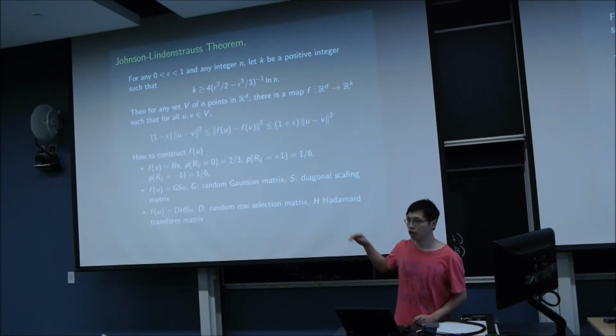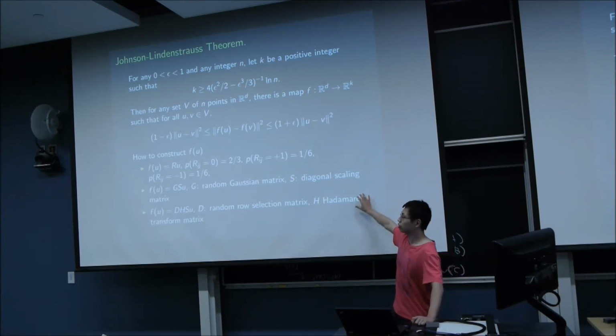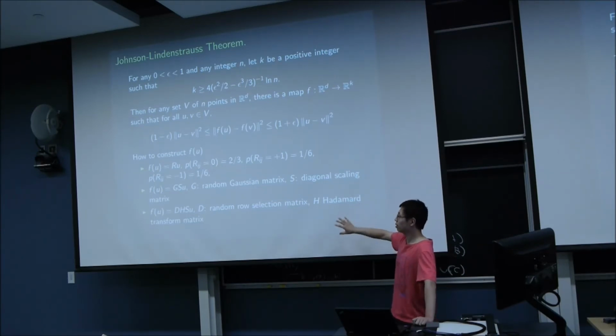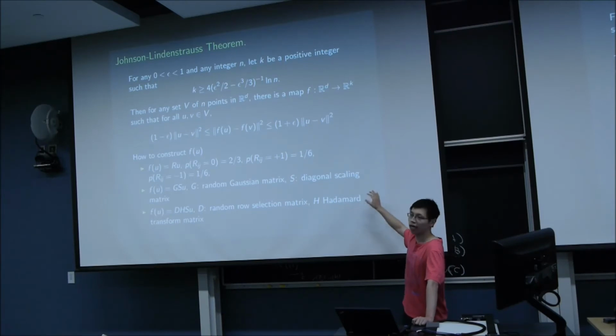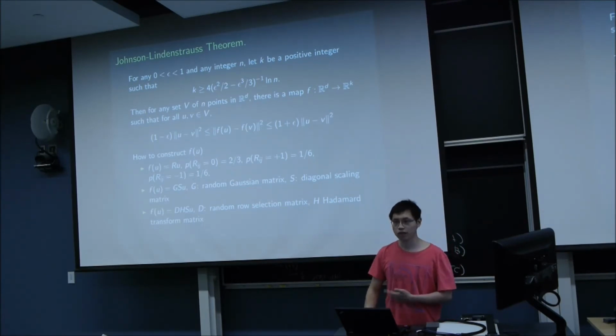That means D only samples k rows from H, so only k entries of D are non-zero, equal to 1, and all the others are 0. You just randomly select k rows, so you can project from d dimensions to k dimensions. So here are 3 examples. As you can see, the structure is very simple. You can just pick a random matrix and get a good approximation. That is what this theorem says.